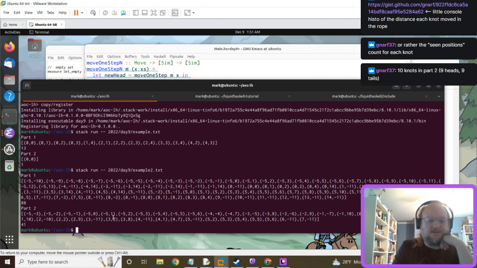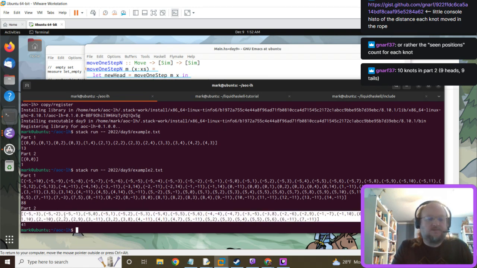Two. Don't really want to write a Haskell program to print those out. Maybe I'll do it in an easier language, like Python.